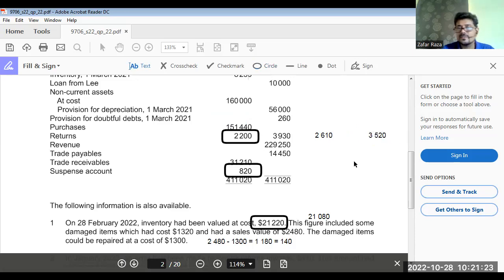Now this will be the situation for returns and this suspense account will be eliminated. Getting my point here? Okay, it is done now after correcting the error.